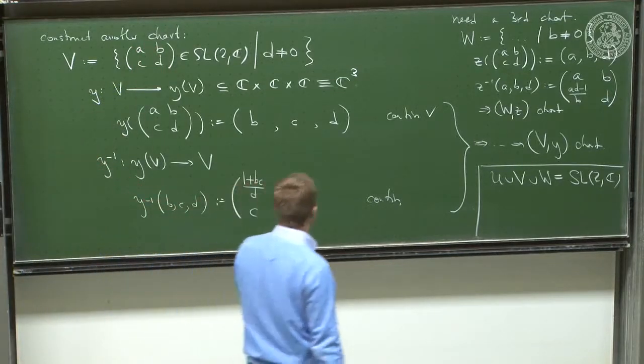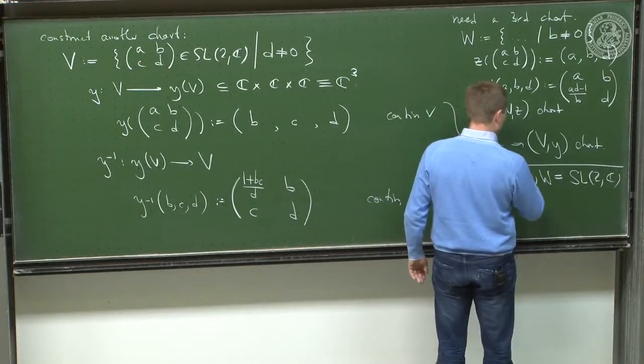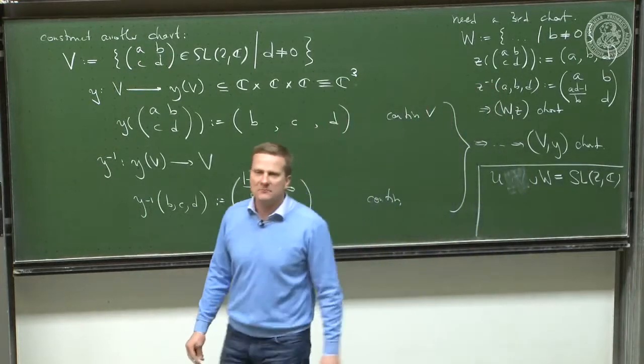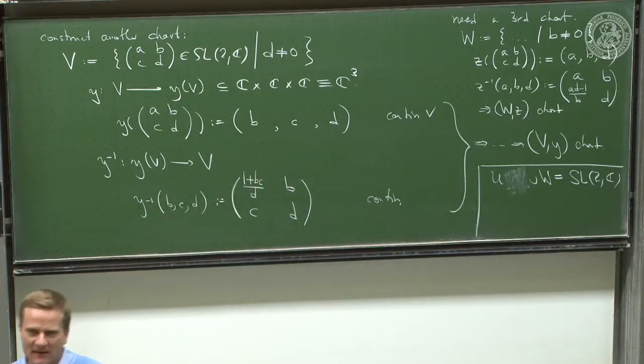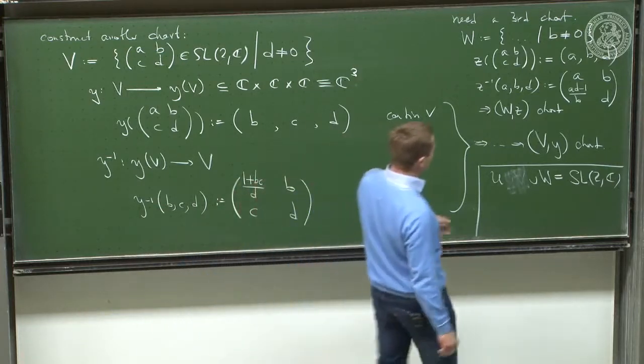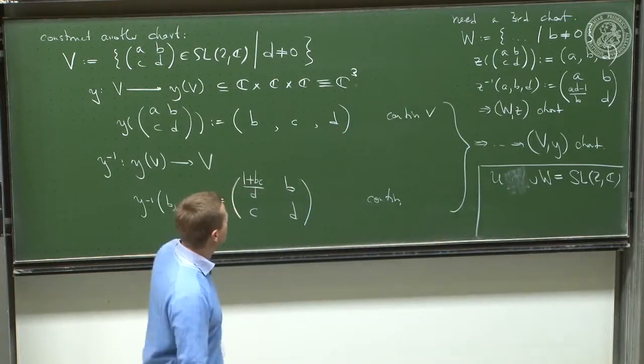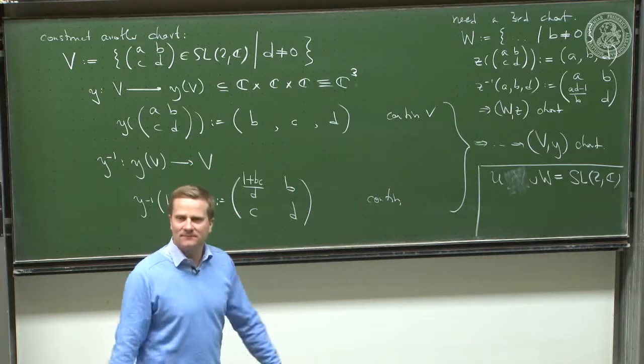Very good. So we don't need this one. These two already cover. Of course, there's no harm in having more charts, because we can always extend the collection of charts, the atlas, to a maximal atlas. But you're right, it's not strictly needed. So the U and the W actually suffice to cover this guy. Are we happy? We're happy.